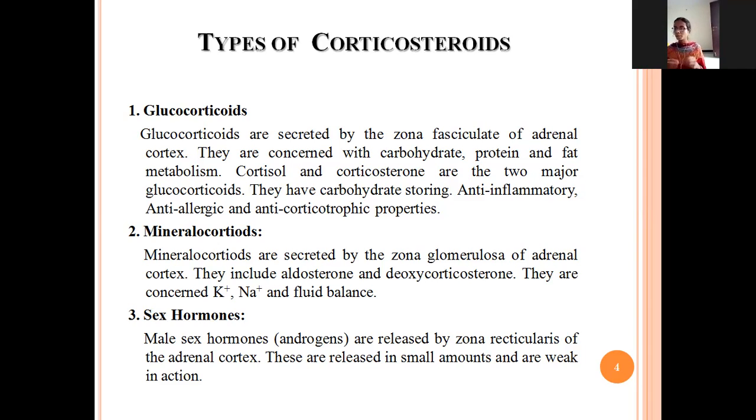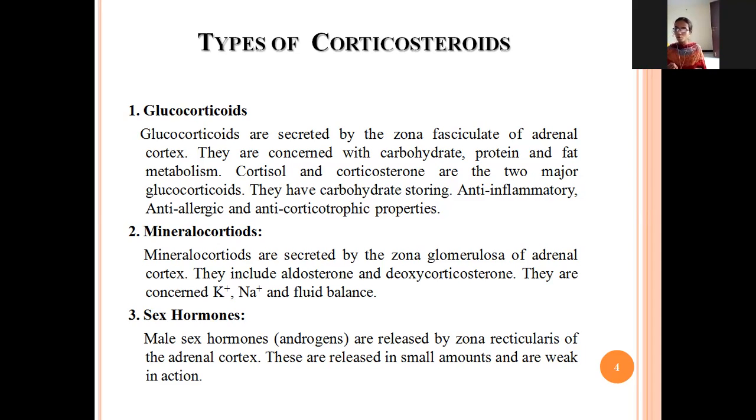Glucocorticoids are mainly secreted by the zona fasciculata of the adrenal cortex, and they are mainly involved in the metabolism of fat, proteins and carbohydrates. So this is about the glucocorticoids.